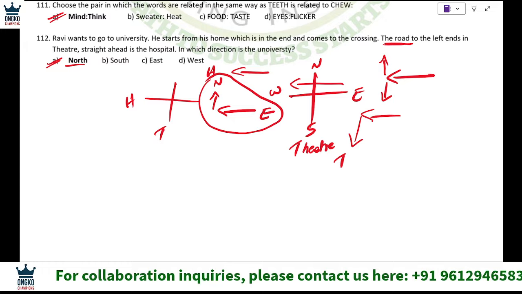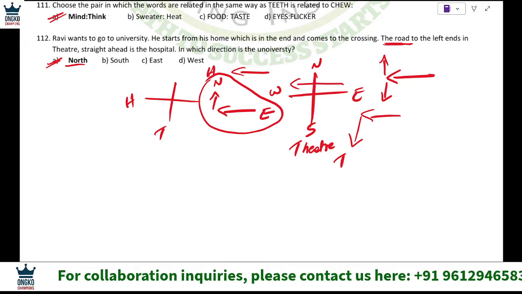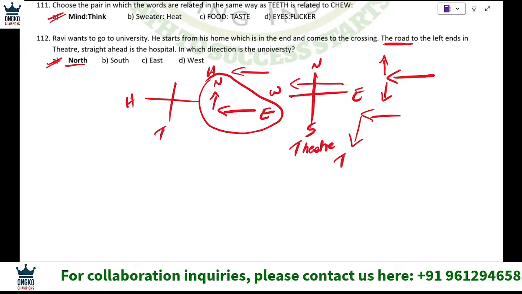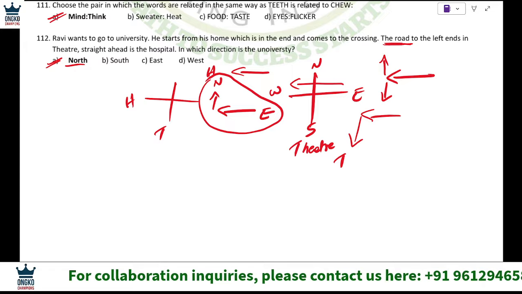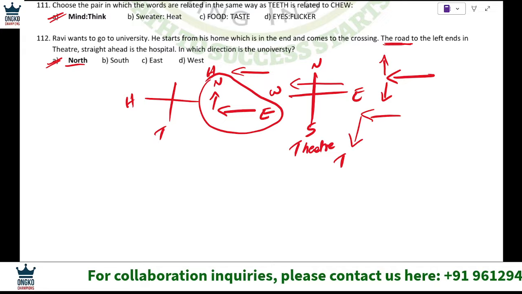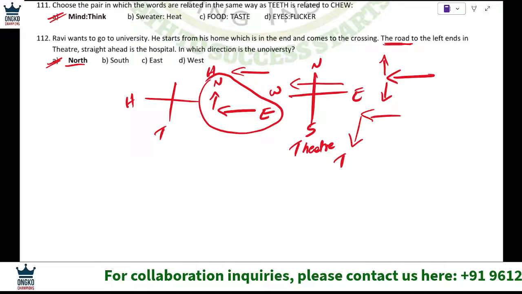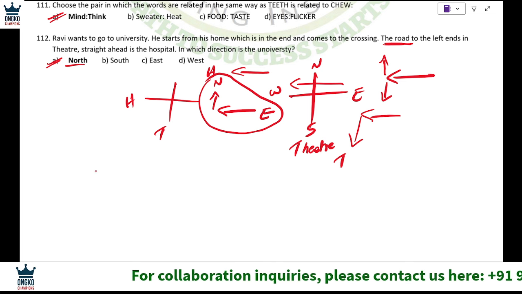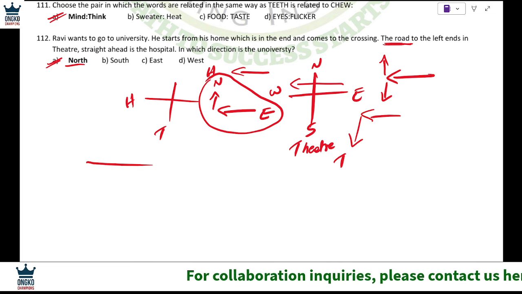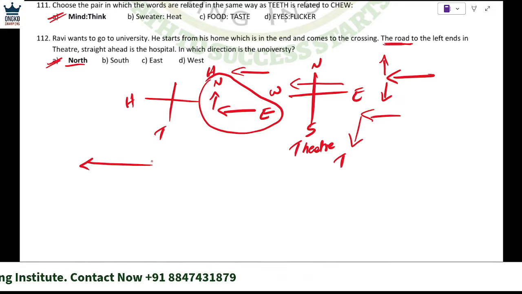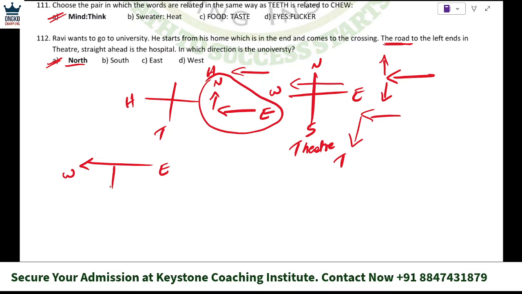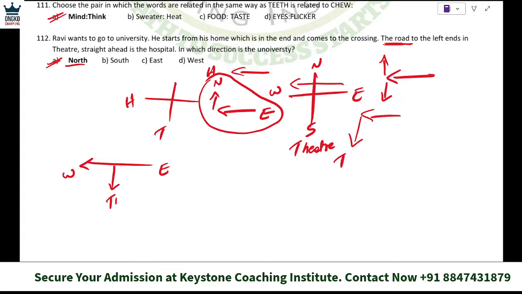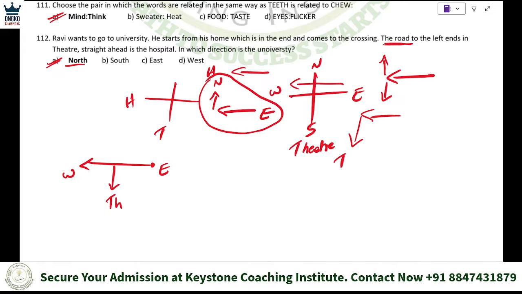Now let me give you just a simple idea. We cannot apply this every time, right? But just for this one, we started from east to west, and we assume the theater is on the left.